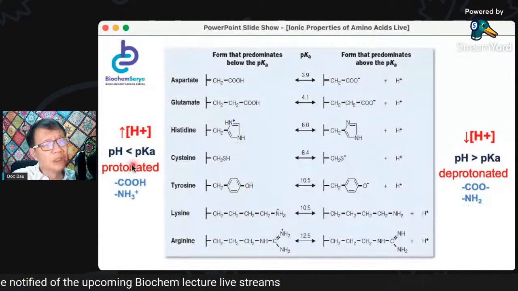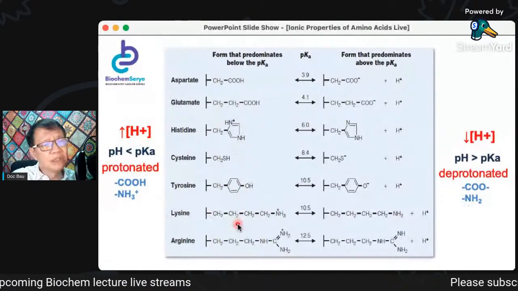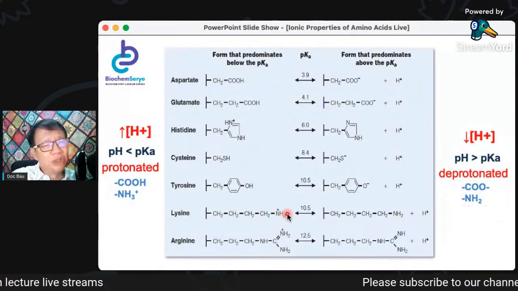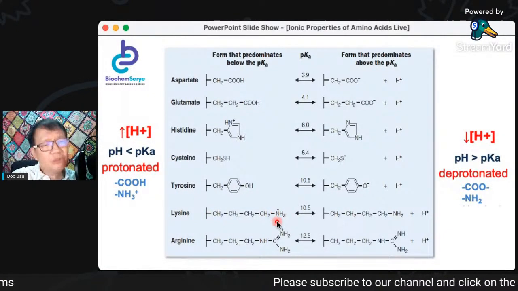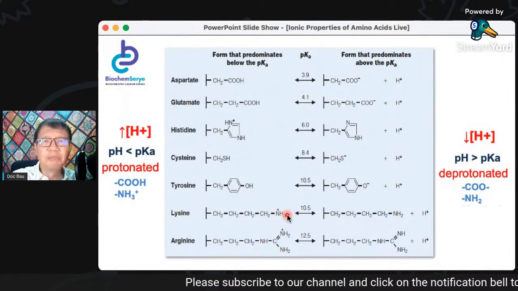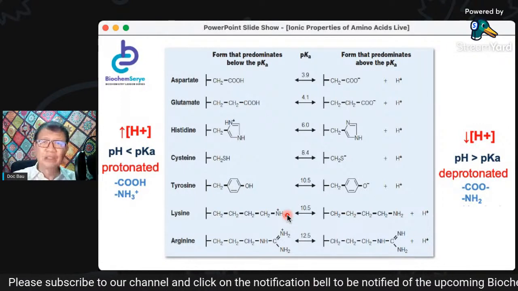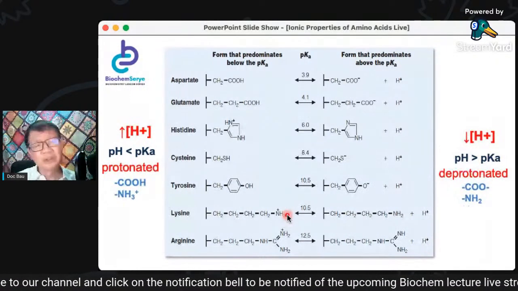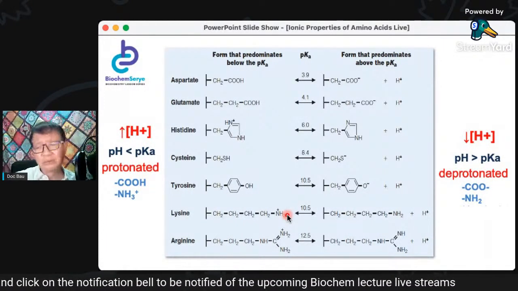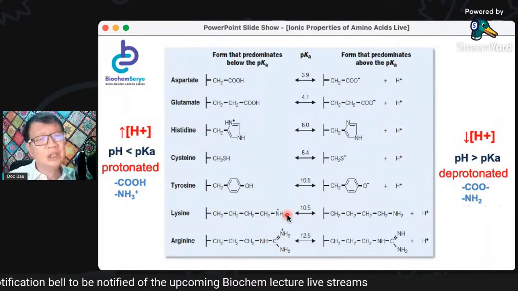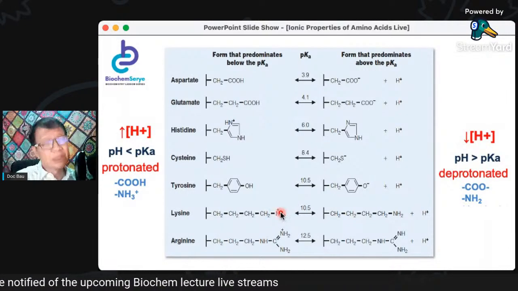But look at the basic. For your lysine, the amino group is protonated. We know very well that your amino group is basic. It accepts a proton, and the pH is low, so the hydrogen ion concentration is high. It means that this condition is perfect. I don't have to give off; I'll keep the hydrogen ion. So look at the epsilon amino, it's positive.